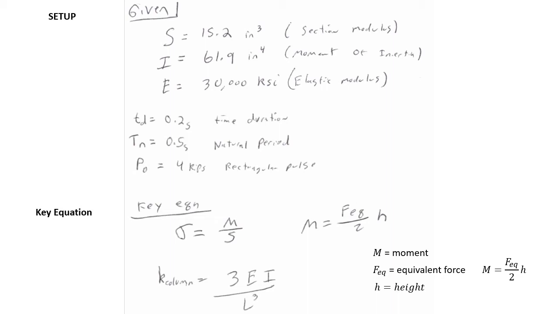Our moment of inertia is I equals 61.9 inches to the fourth. And our elastic modulus, E, is equal to 30,000 ksi. They also tell us our T sub d, our time duration, is 0.2 seconds, our natural period, T sub n, is 0.5 seconds, and our rectangular pulse, P naught, is equal to 4 kips.